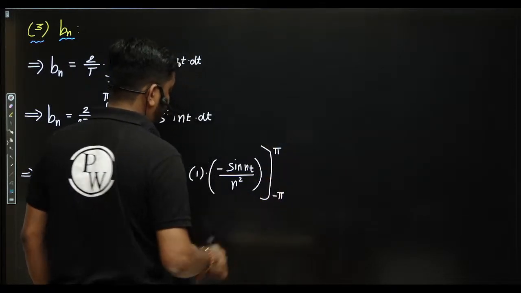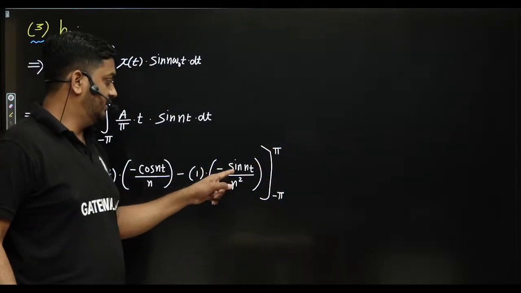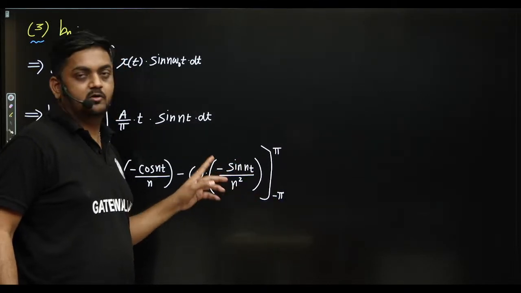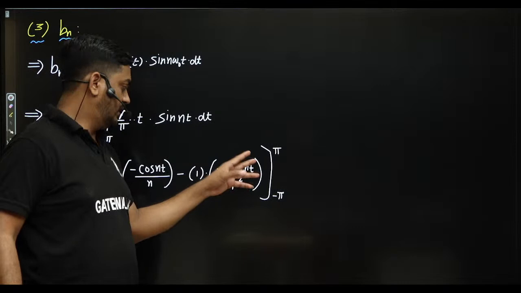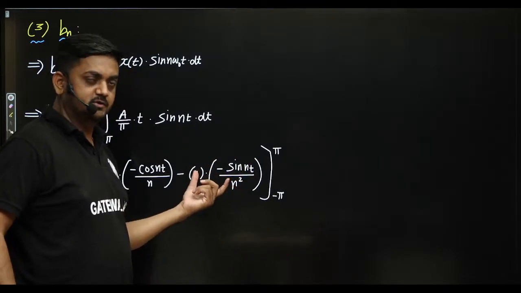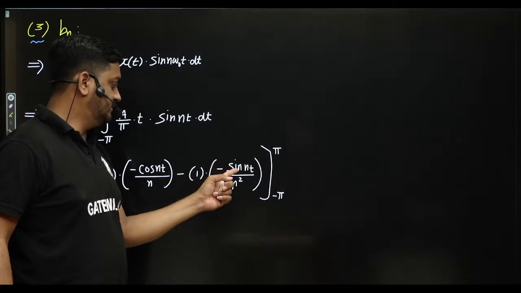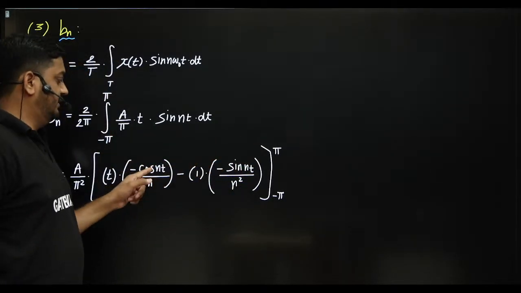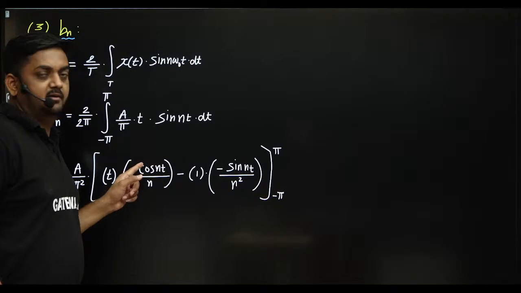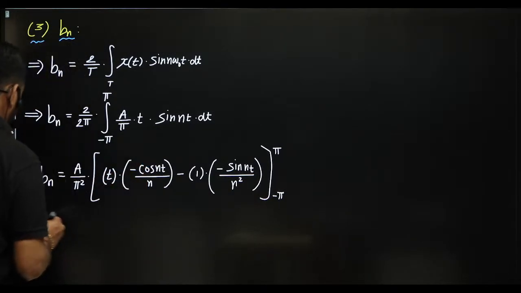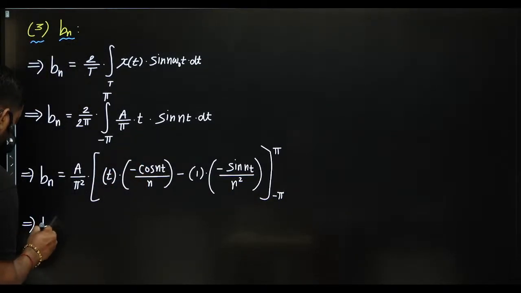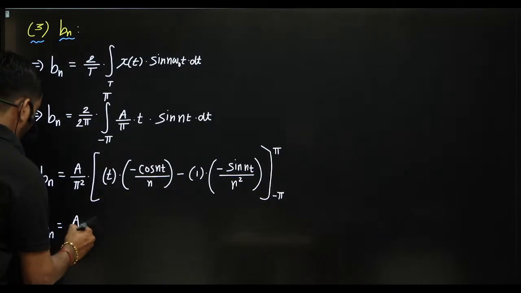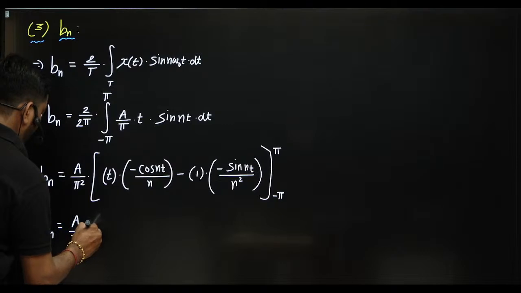Now see the observation, if you put pi value here, then sine n pi is 0, and if you put minus pi here, then also 0, guys. So I will not write this term because directly we can observe sine pi n is 0, sine minus pi n also 0, guys, correct. But here cos pi n is minus 1 power n, cos minus pi n is also minus 1 power n. So see here bn is equal to a upon pi square.